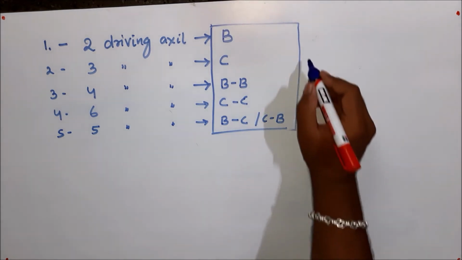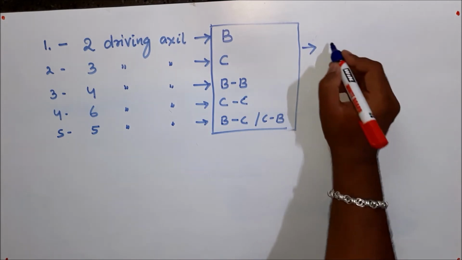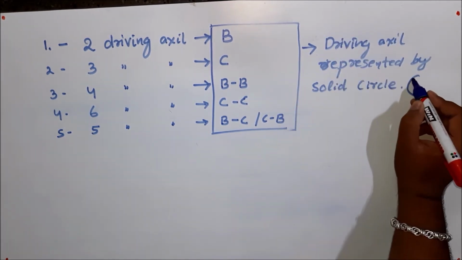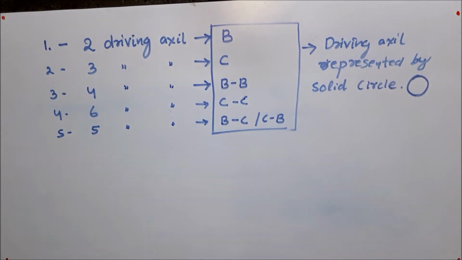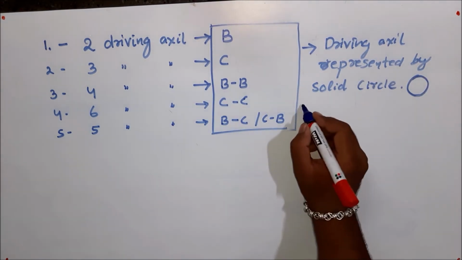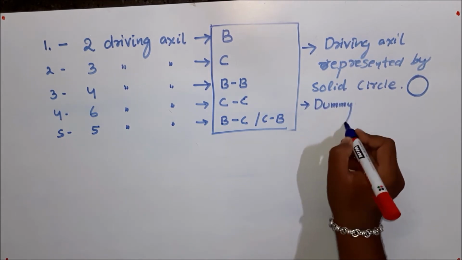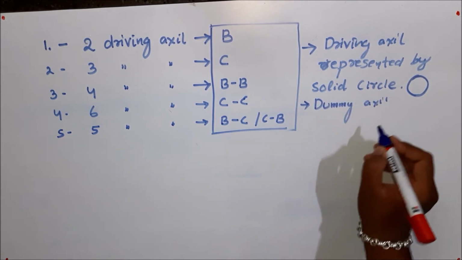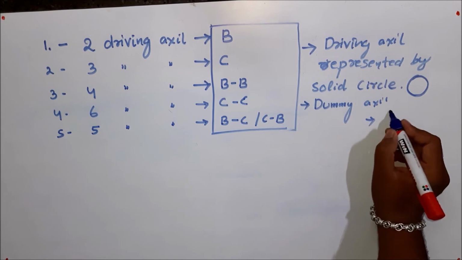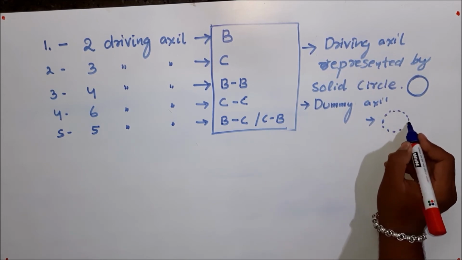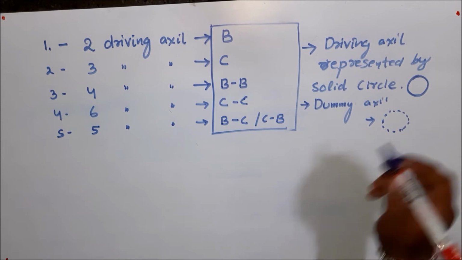The driving axles are represented by a solid circle, and the dummy axles are represented by a dotted circle. Okay, is it clear now? Very good.